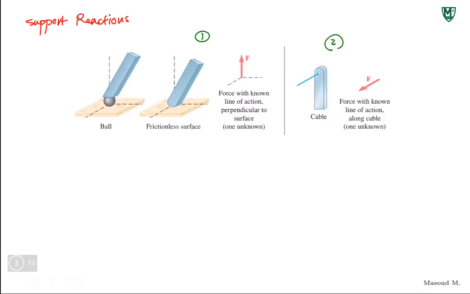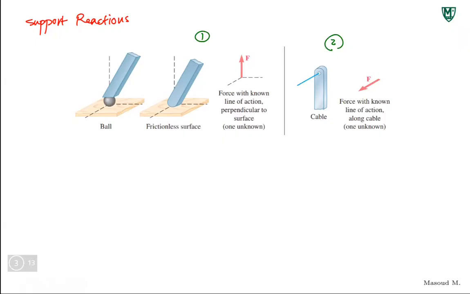Now, if you have a ball, the ball is between the structure you're looking at and some surface, or you have a rod. So if you have a ball, like this, there are 2 surfaces. Let's say this is a fixed surface and the other one is the rigid body.